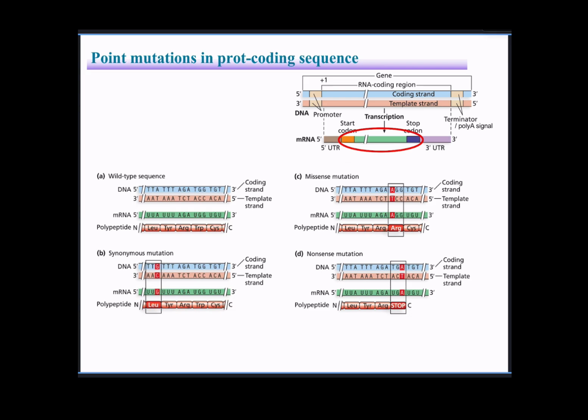So if we have this wild-type sequence shown here, a synonymous mutation is any point mutation that does not change the identity of the coded amino acid, even though the codon has changed and technically we do have a mutation in that DNA sequence. Then there are missense mutations, those that do change the identity of the amino acid.